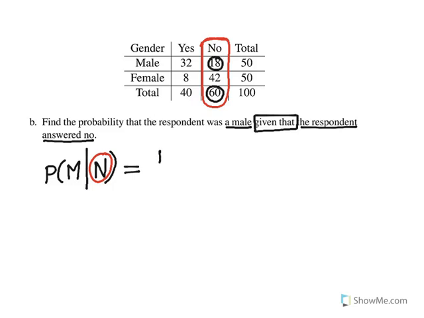So you would say here, I have 18 males that said no, 18 out of the 60 people who said no. And 18 out of 60 is 30%, which is 0.3. Or you can write it as 30%. Okay, let's go to the next one.